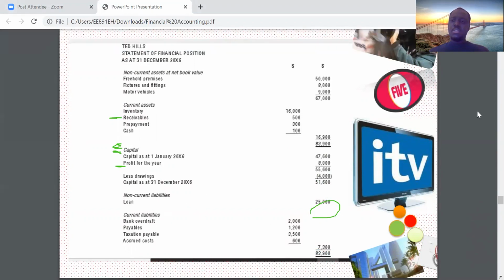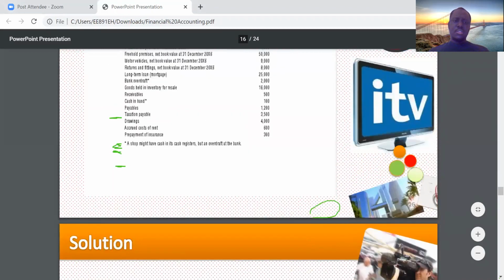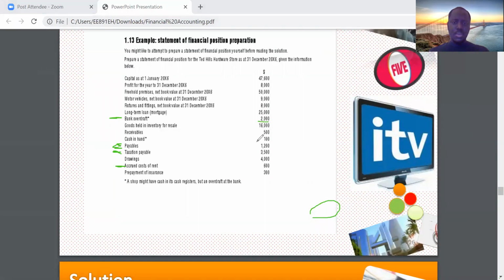So let's go back to the question and look at the values again, just to be sure. Bank overdraft is how much? 2,000. Your payables is, I think, 1,002, if I'm right. Your taxation payable is 3,500. And your accrued cost of rent is 600.